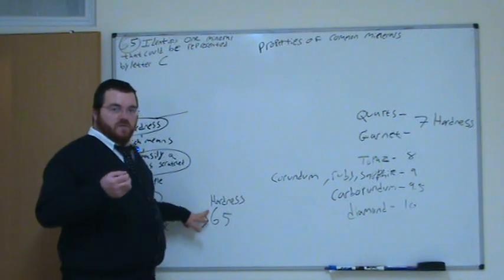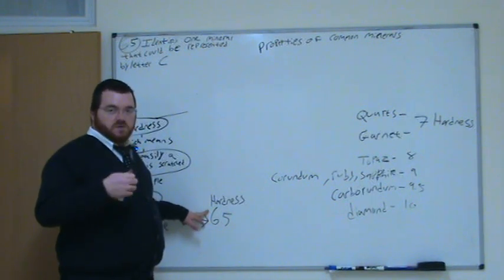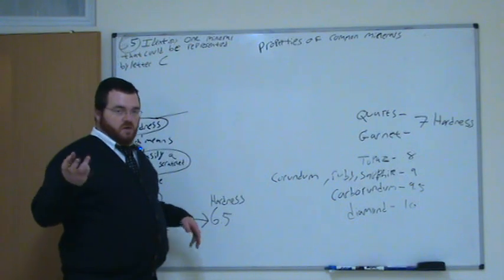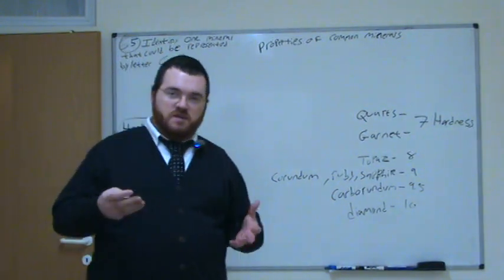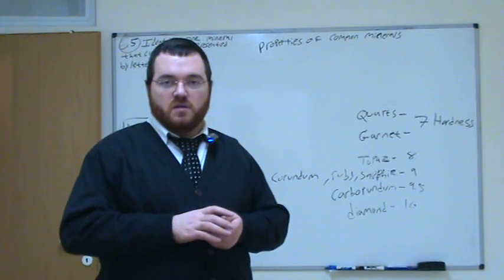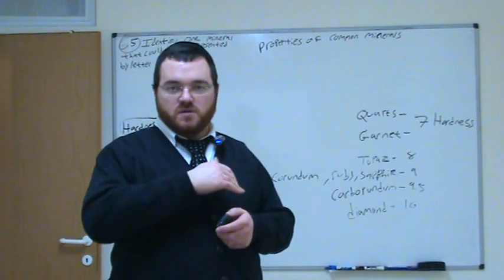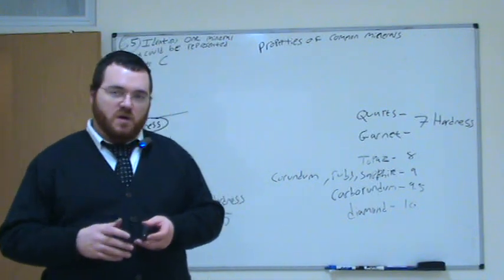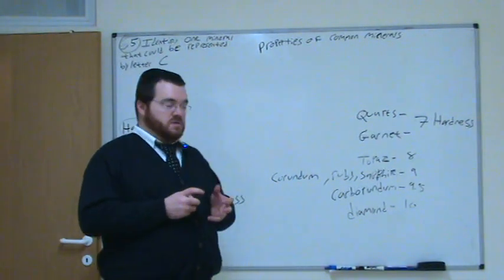Like a knife, metal, is much harder than, let's say, a piece of paper. So a knife could cut paper, a knife could cut other things.